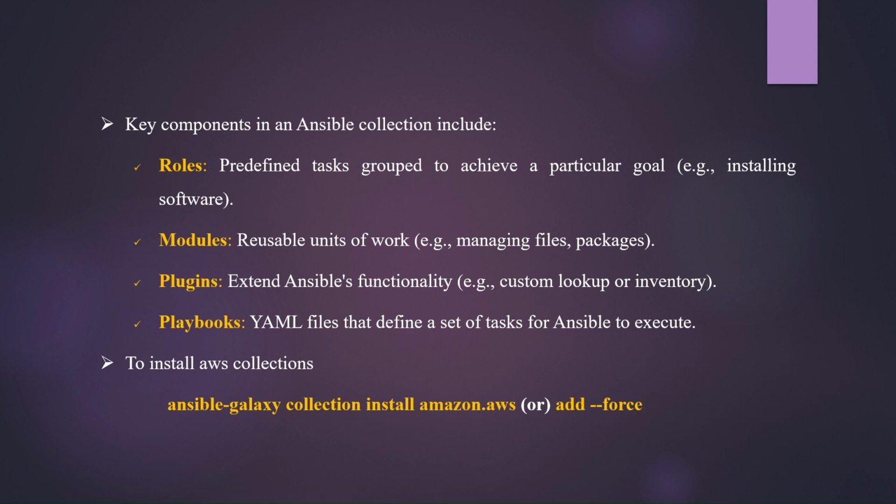The collection install is a subcommand telling Ansible to install a collection. Amazon.aws is the name of the collection to be installed. The Amazon AWS collection contains various modules and plugins for interacting with AWS services, allowing you to automate tasks such as creating EC2 instances, managing S3 buckets, and more. Let's go to Google and search for Ansible Galaxy.